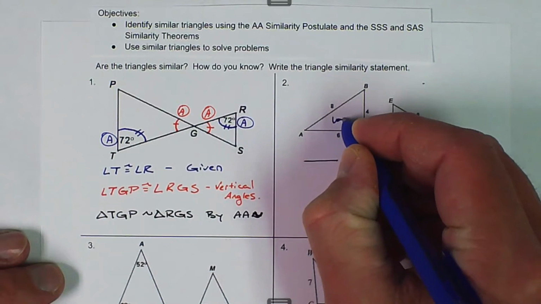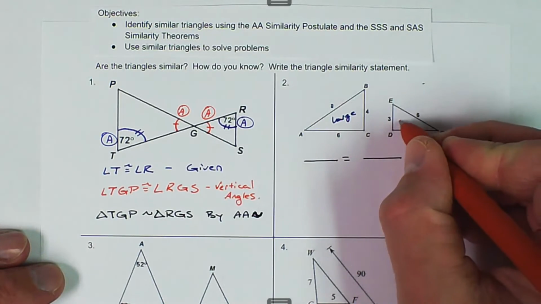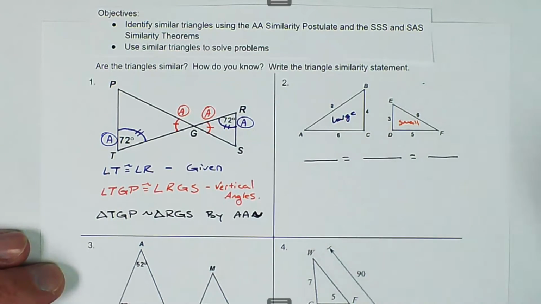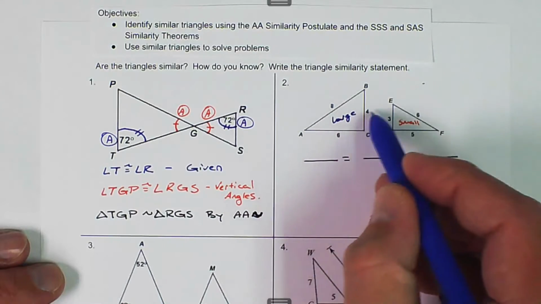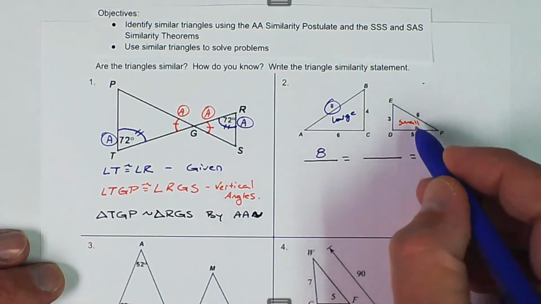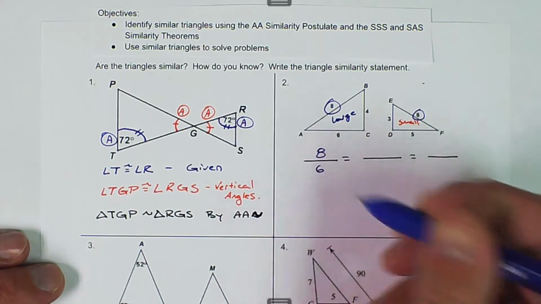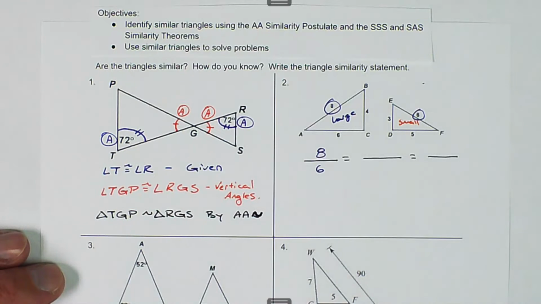This is the large triangle and the small triangle. What is the biggest side? On the large triangle, we have 4, 6, 8, so 8 is the biggest. And what's the biggest over here? 6, 3, 5. So we want to compare big to big.